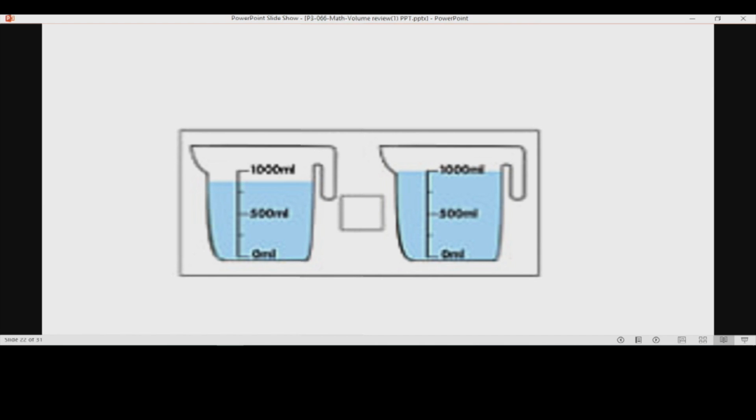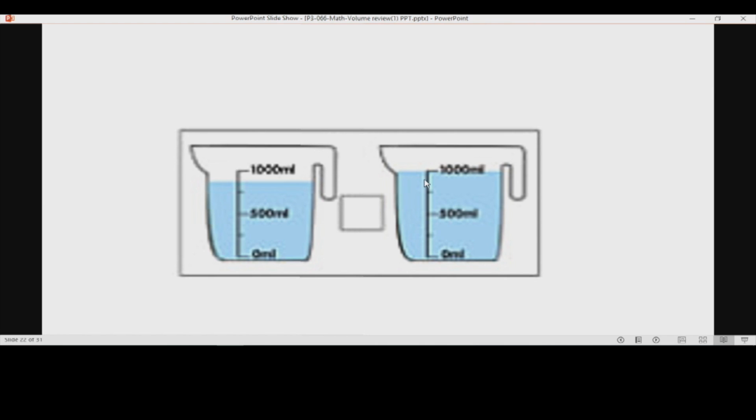Now, which container has more, A or B? Container B. What is the volume of container B? 800 millilitres. What is the capacity? The capacity here is 1,000 millilitres.